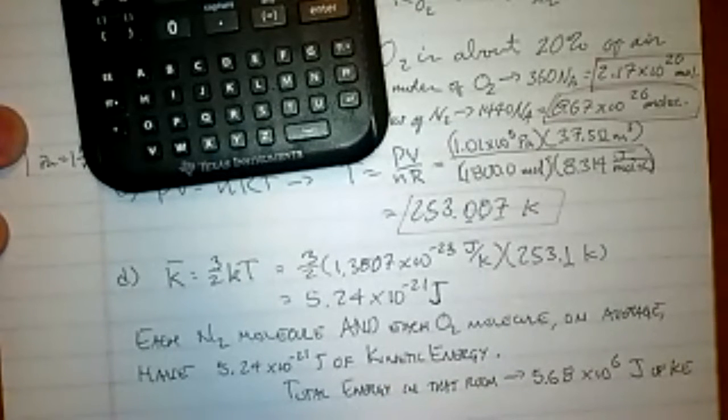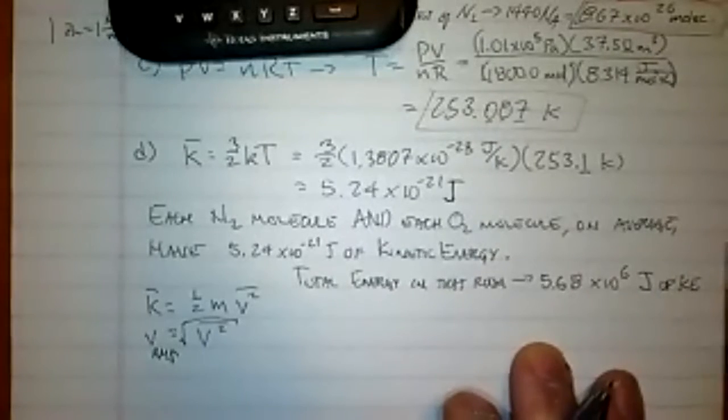Now, the cool part is, let's find out how fast the actual oxygen and the actual nitrogen go. Well, what we know is that kinetic energy is equal to 1/2 m v squared bar. So v squared bar, if I take the square root of that, I will get, in some sense, VRM, or an average, which we call v root mean square.